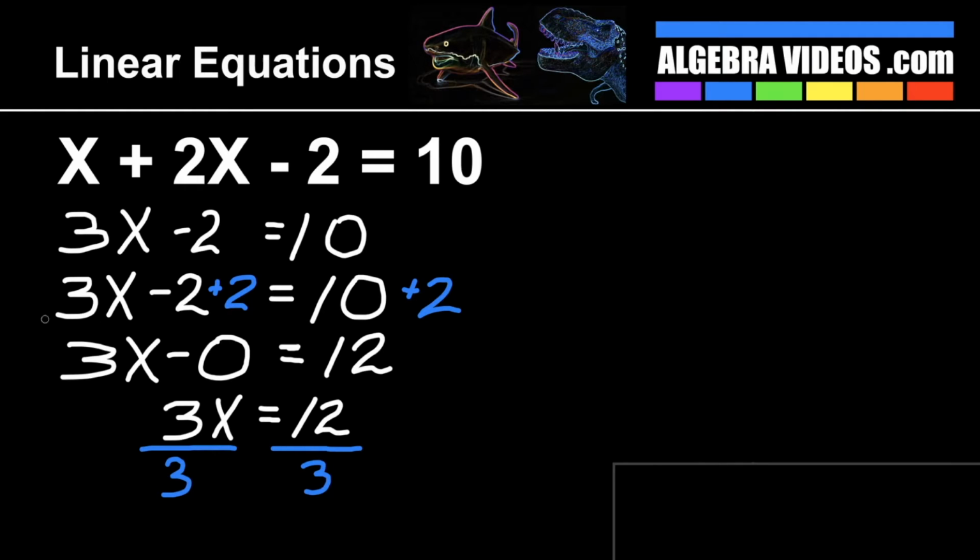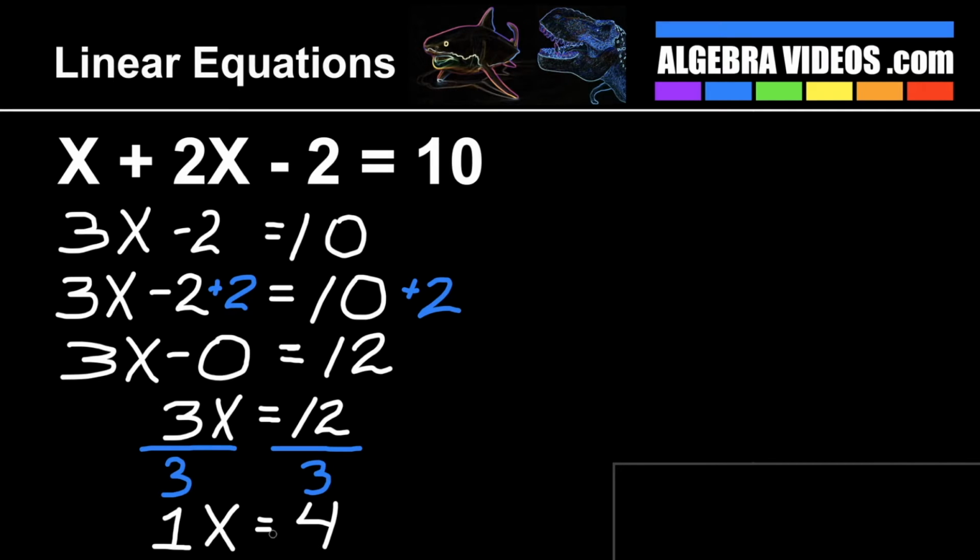The reason is that this term, 3 divided by 3, simplifies to 1. So that whole thing simplifies to just the number 1. And then x doesn't change. So that's 1x equals, and then on the right side, 12 divided by 3 is the number 4.